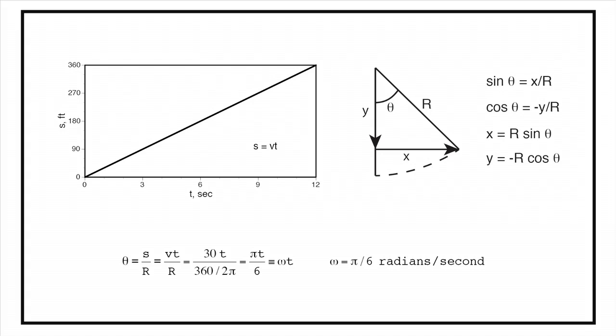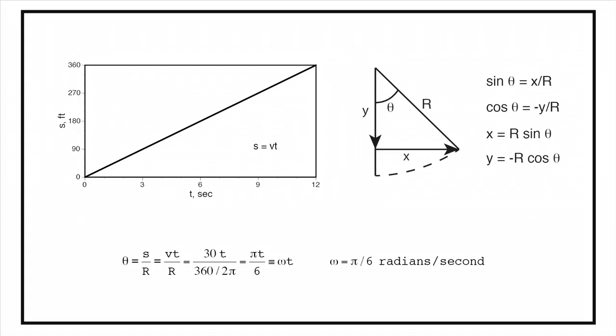Or you could write this as theta is equal to omega times t, where omega is a pi over 6 factor. And the reason we do that is because s equals vt has v as the speed of the car, so theta equals omega t means that omega is the angular velocity of the car, and so omega is equal to pi over 6 radians per second. That's how far the car goes per second.